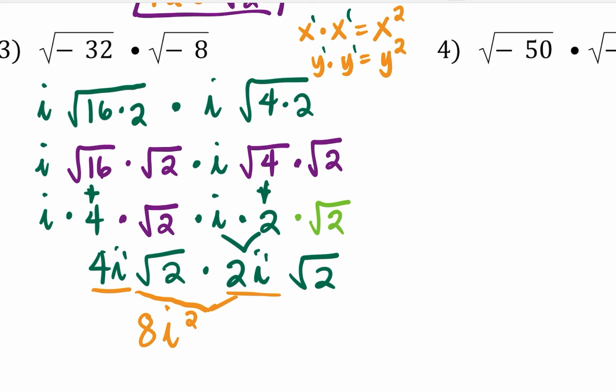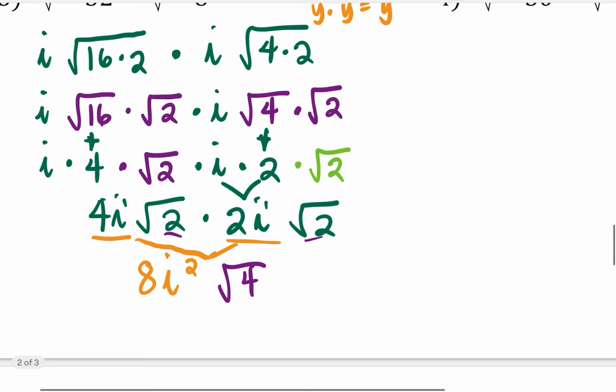So we're going to drop the square root of 2. However, we can also multiply because they're exactly the same. So that would be 4. And this will be equal to 8i squared, and i squared is equal to negative 1. And where did I get this?